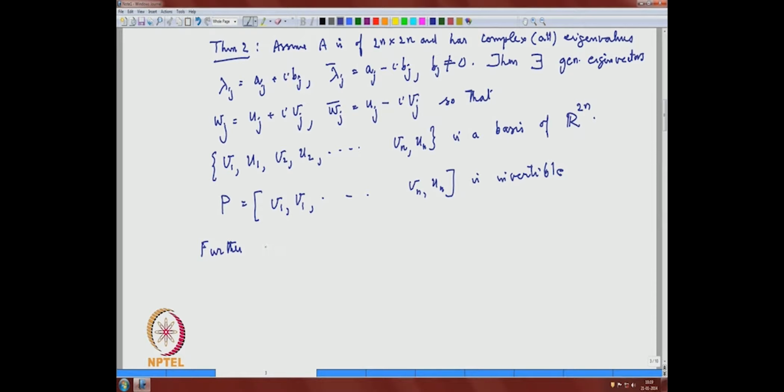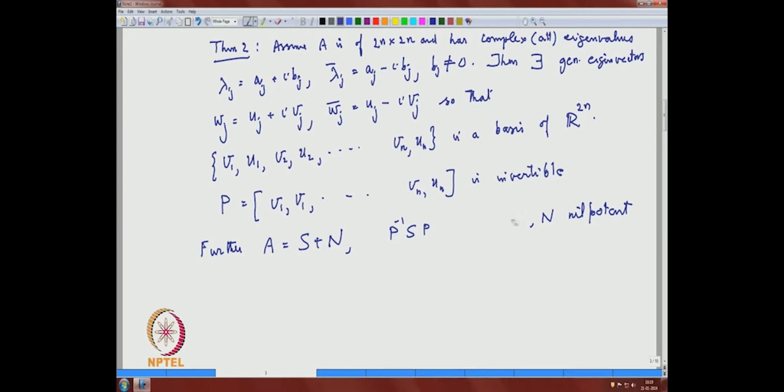Further you have A equal to S plus N, where S is diagonalizable, that means P inverse S P is a diagonal with entries lambda 1, lambda 1 bar, lambda 2, lambda 2 bar, and so on.